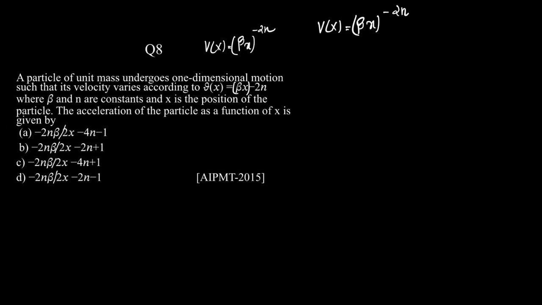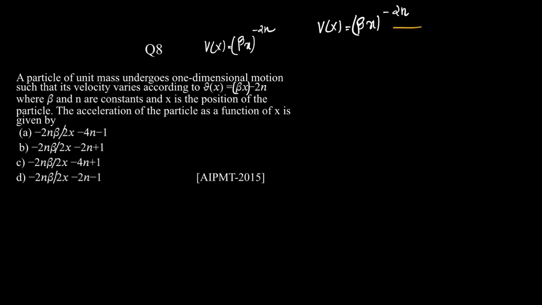Now, differentiating both sides with respect to t, we get dv of x by dt is equal to d by dt of... Okay, that doesn't make sense. All right.